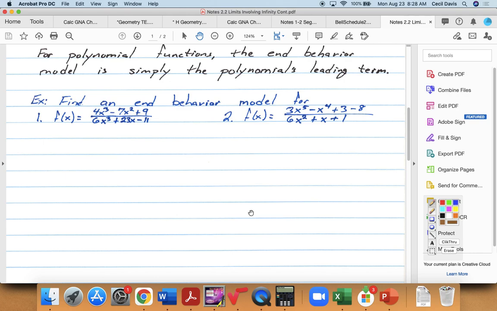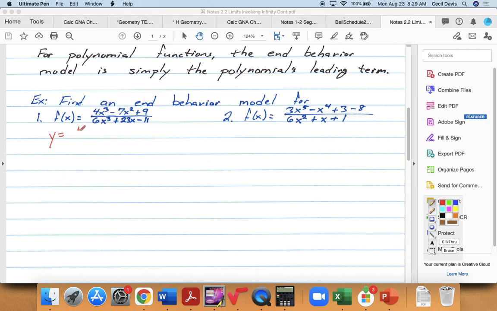So if I'm looking for an end behavior model for these rational functions, I'm going to start by taking the end behavior model for the numerator and the end behavior model for the denominator.